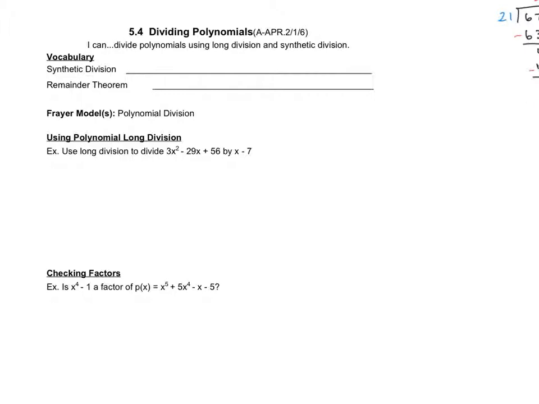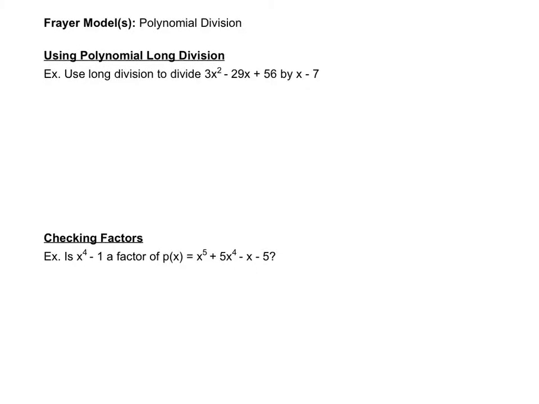That's a simplified form of division, and I'm going to use my polynomial division, and I'm going to use long division to divide x plus 7 into 3x squared minus 29x plus 65. And I'm going to go ahead and set that problem up like we did before.